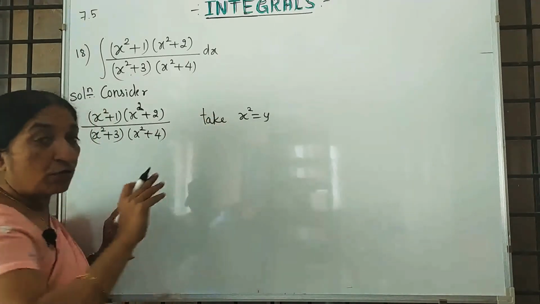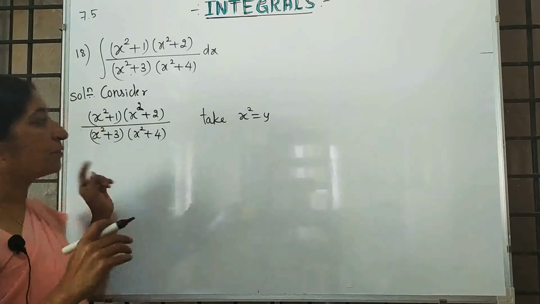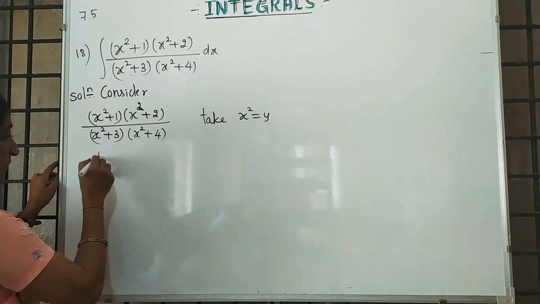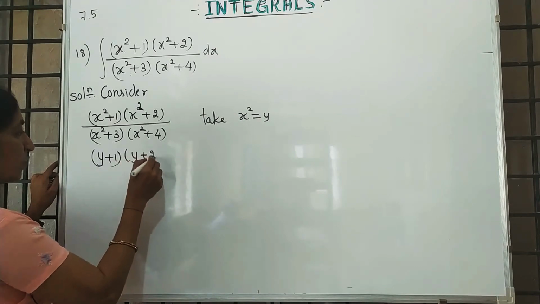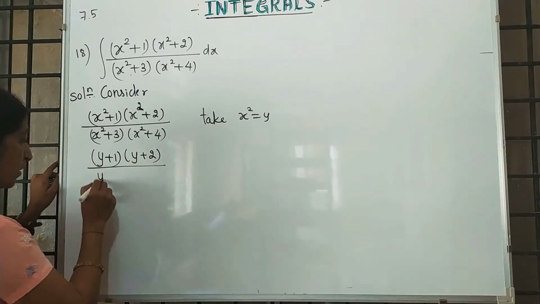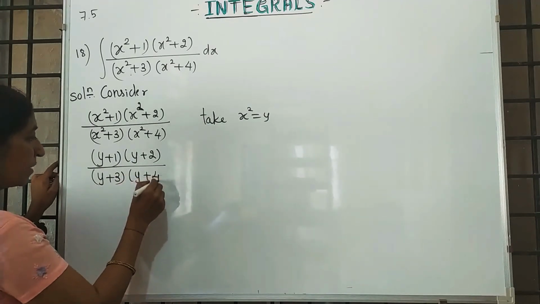Please note, this is without integration, that's why I am not doing a substitution or differentiation here. y plus 1 into y plus 2 upon y plus 3 into y plus 4.